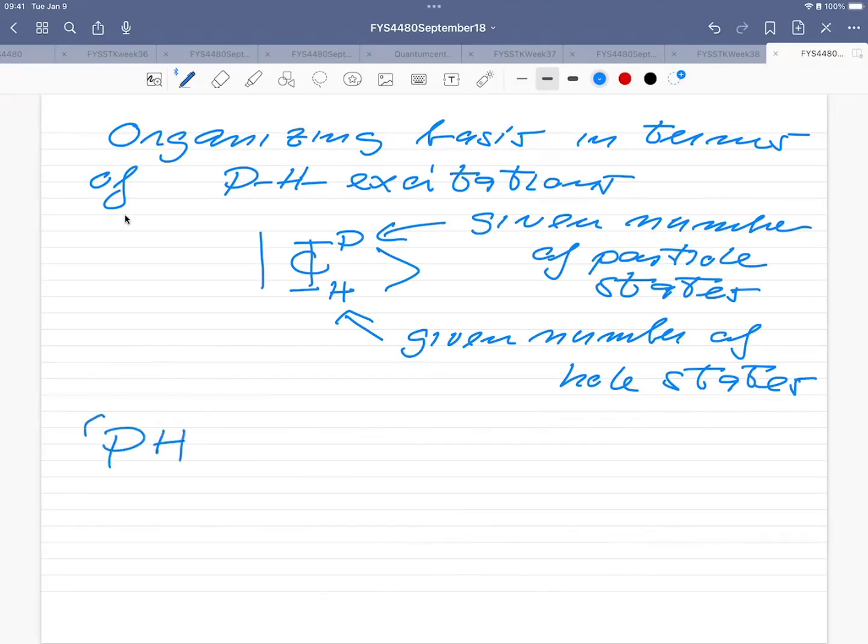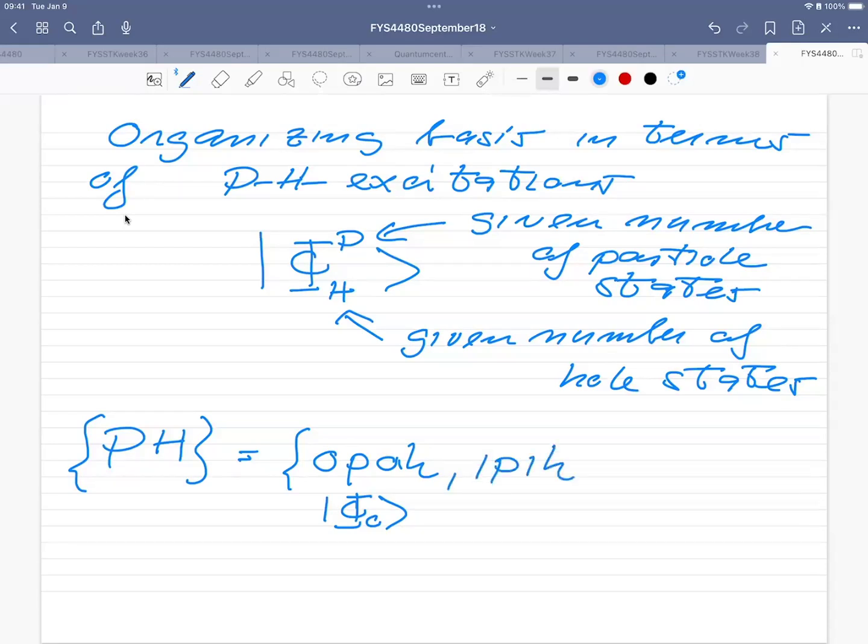So that means that this pH is represented by 0 particle, 0 hole. So there will be such a block like that. We will think of all the states below the Fermi level as the single-particle states for the ground state, and we view that one as a state where we don't have any excitations above the Fermi level. Then one-hole excitations.